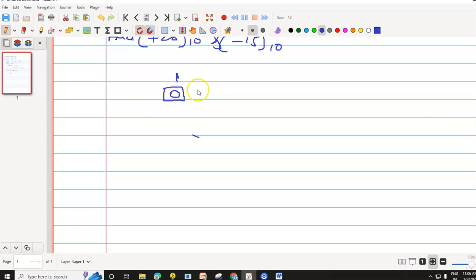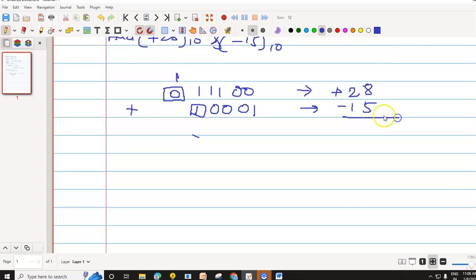This is the sign bit, 0 1 1 1 0 0, plus this one, the sign bit 1, 0 0 0 1, right? So this is the representation of plus 28, and this is the representation of minus 15.